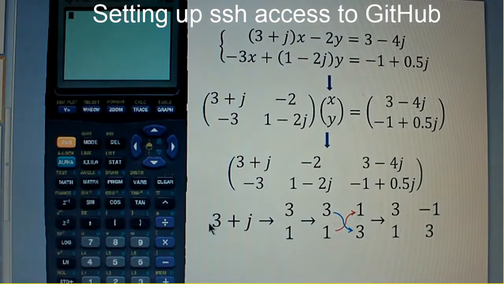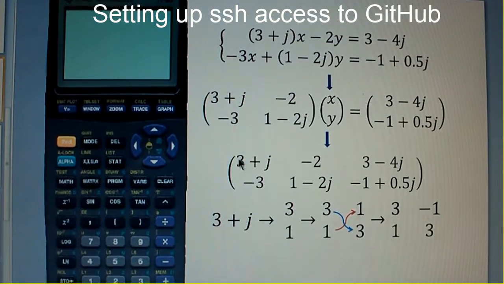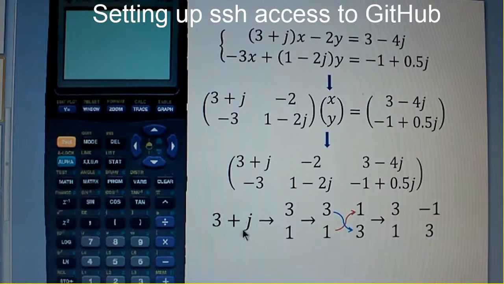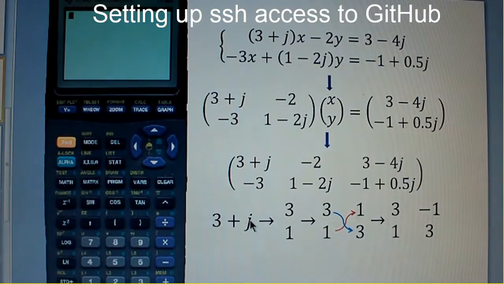Now, the key to changing a complex matrix into a corresponding real matrix, so you can just plug this into the calculator to solve, is to change a single complex number into a 2x2 matrix. How do you do that? Well, first think about this 3 plus j as 3 plus 1j, and put those two numbers 3 and 1 as a column vector.